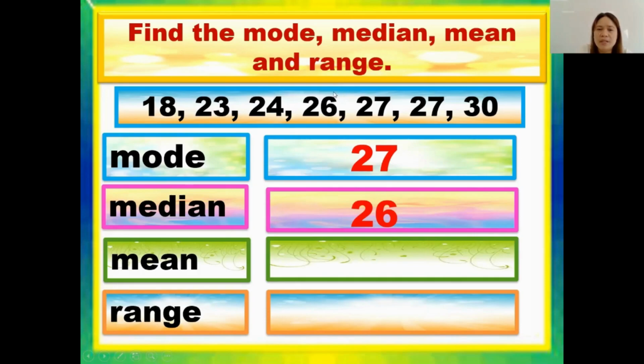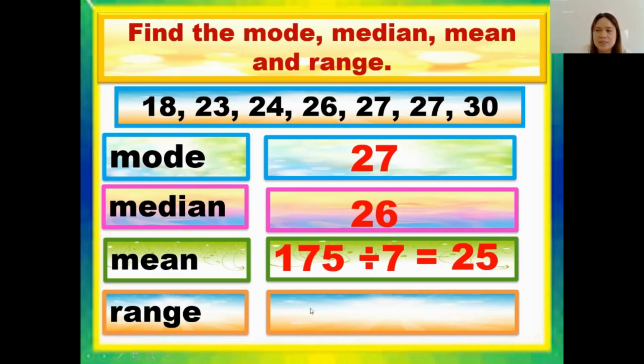Then I will divide it by 1, 2, 3, 4, 5, 6, 7 because I have added 7 numbers. So the total is 175 and we divide it by 7 since there are 7 numbers added. And we can say that the mean is exactly 25.